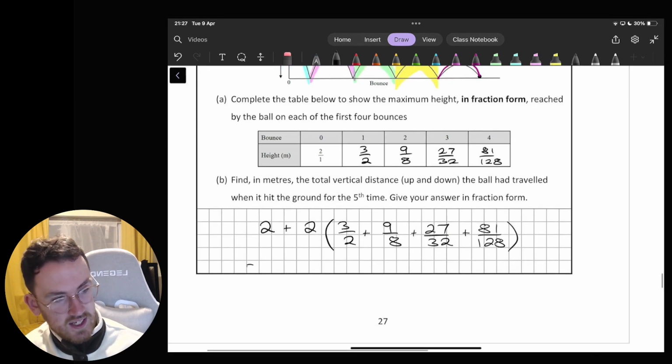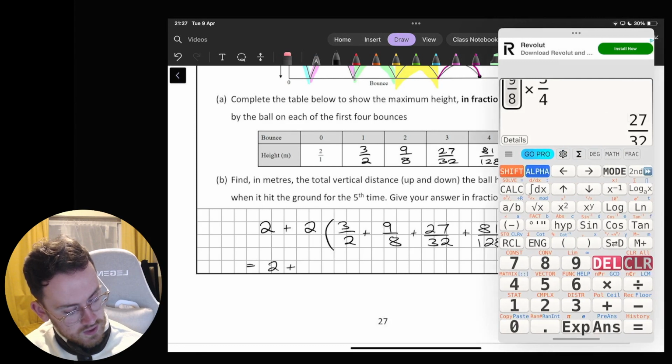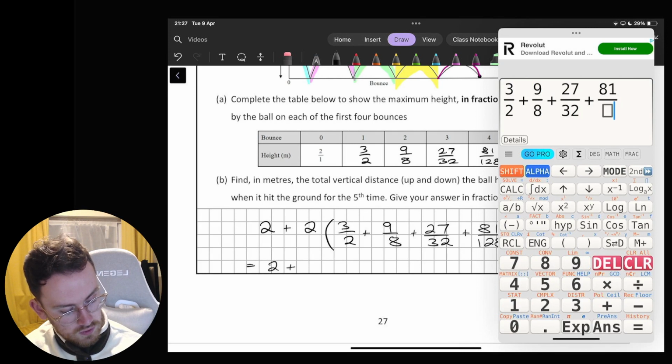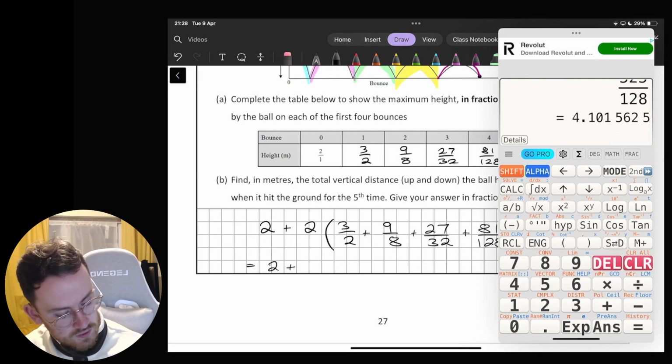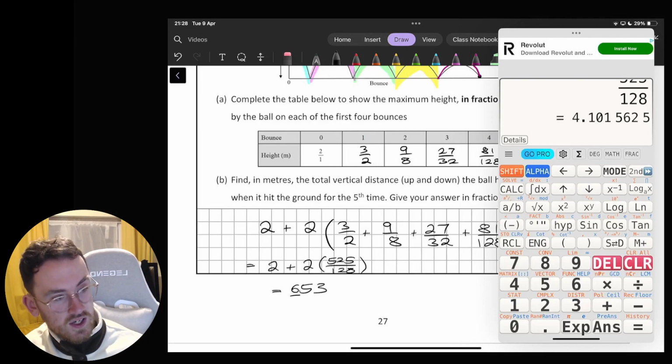Okay, and we can compute that for ourselves here. So 2 plus, let's do that sum on the inside here. So 3/2, 9/8, 27/32, 81/128 gives me 525 over 128, and working all that out, it gives you 653 over 64 meters.